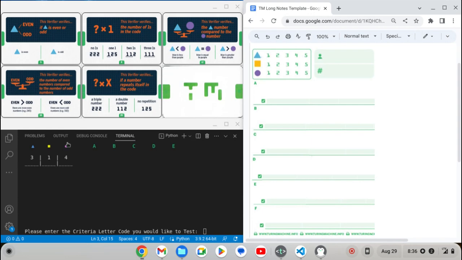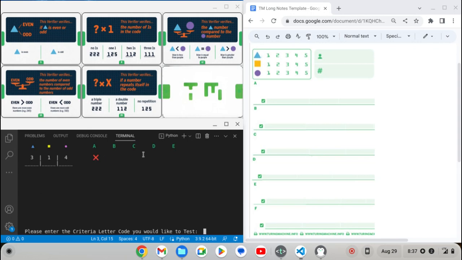Well, let's start off with an initial proposal of 314. The first thing I want to find out is what kind of digit triangle has. So let's go ahead and test criteria card A. Okay, so the Turing Machine does not approve of my choice. Notice that I do have an odd 3 in for triangle, but it disapproves.